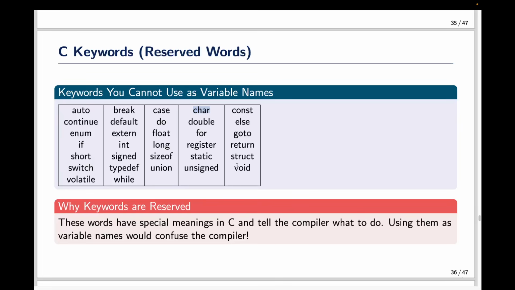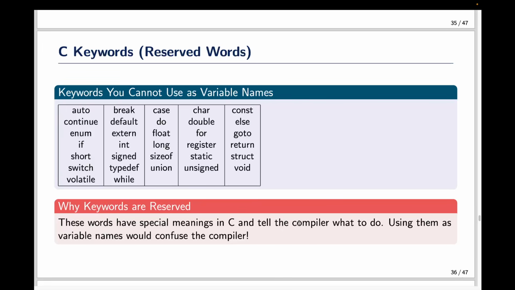Up till now, you have used the word void a little bit, and unsigned. You have used the word if, and you have also used else. Actually, it's not written over there, but if and else both are there. Sorry for that. Then we will come on to all these reserved words. Remember one thing: these words have a special meaning in C, and they tell the compiler what to do.